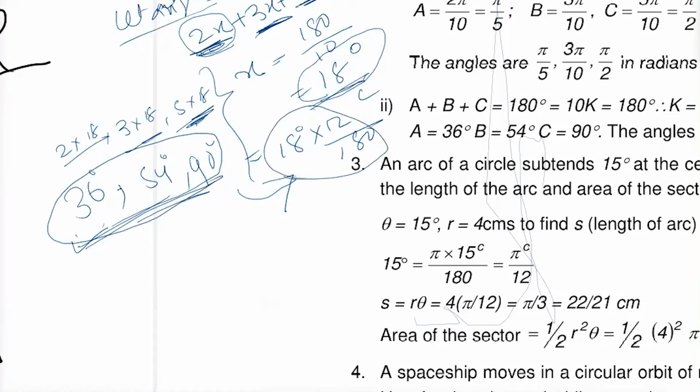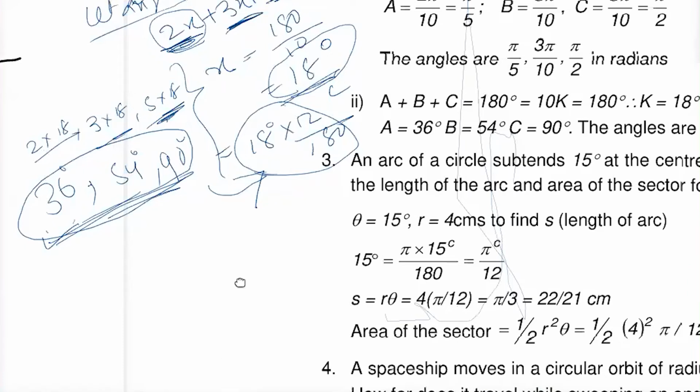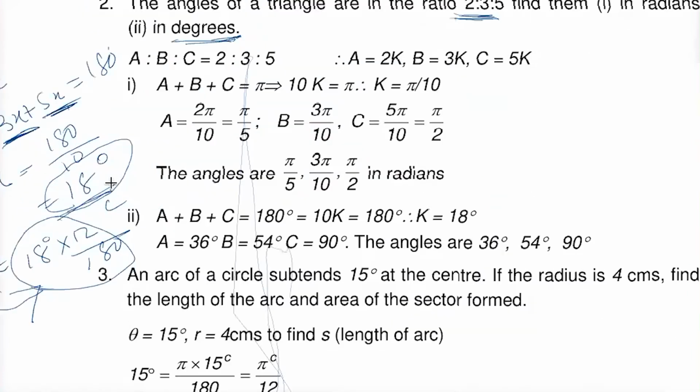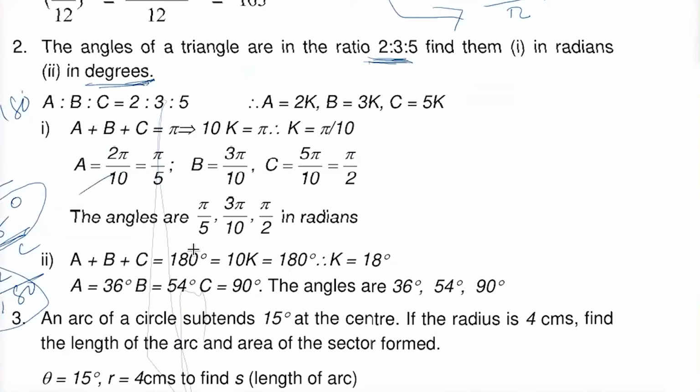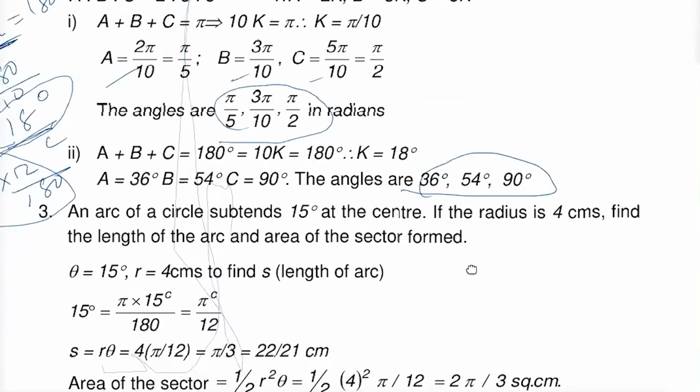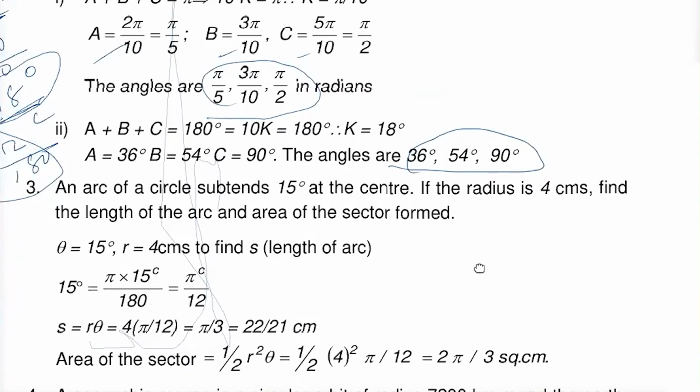If you can see in the book, there is A, B, C. These are the radians answers, and these are the degree answers. All are these three answers. Okay, I think it's clear. So let's move to the next question.